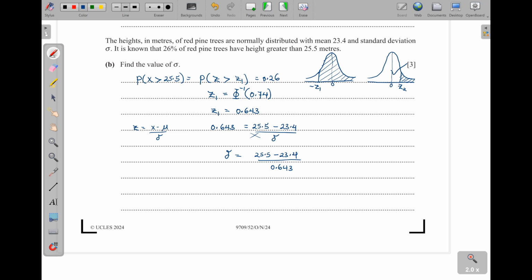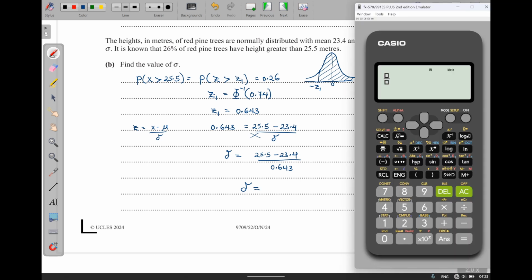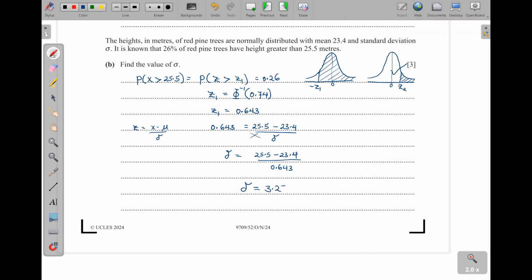Then to three significant figures, what will be my value of the standard deviation? We have 25.5 minus 23.4, divided by 0.643, and this one is 3.27 to three significant figures. 3.27.